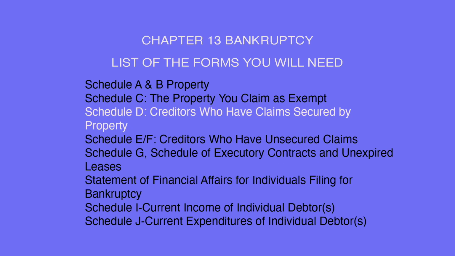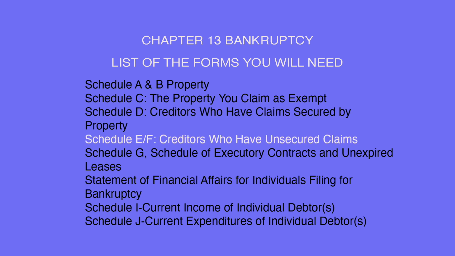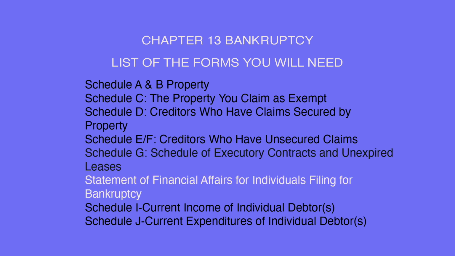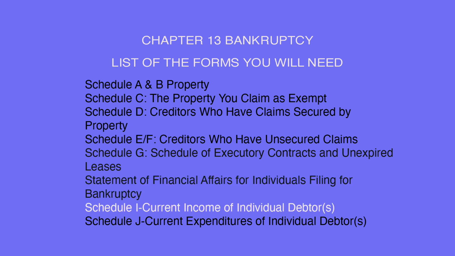Schedule D, creditors who have claims secured by property. Schedule E/F, creditors who have unsecured claims. Schedule G, schedule of executory contracts and unexpired leases. Statement of financial affairs for individuals filing for bankruptcy. Schedule I, current income of individual debtor or debtors.